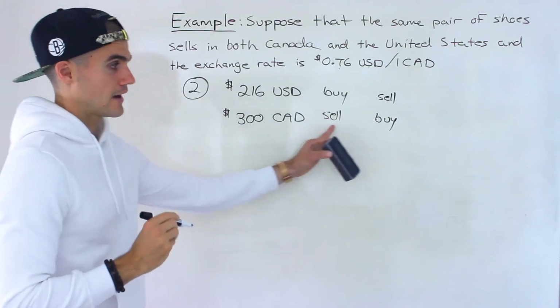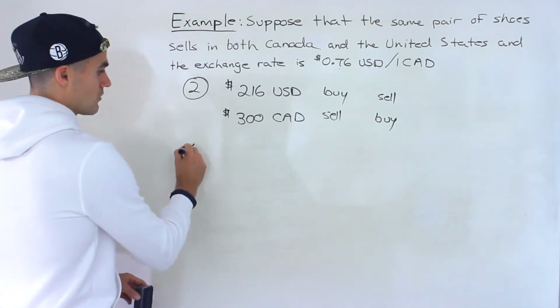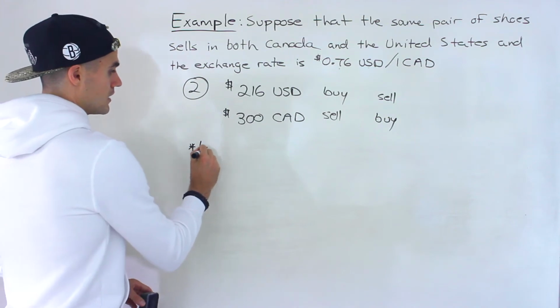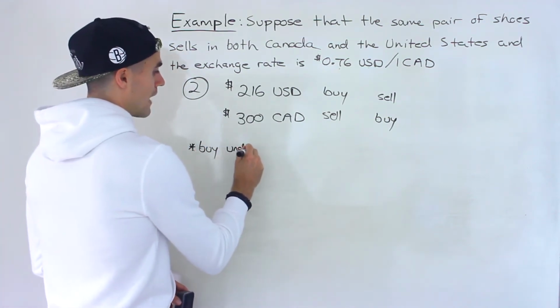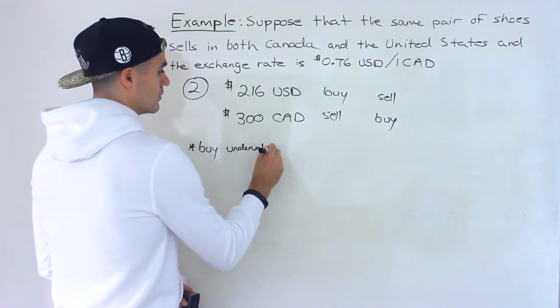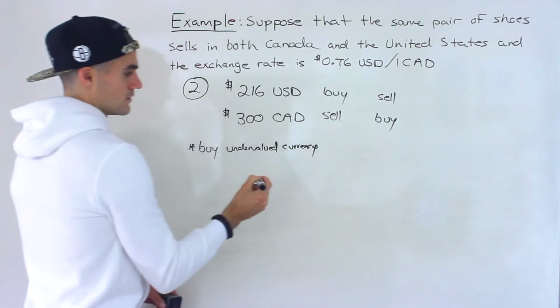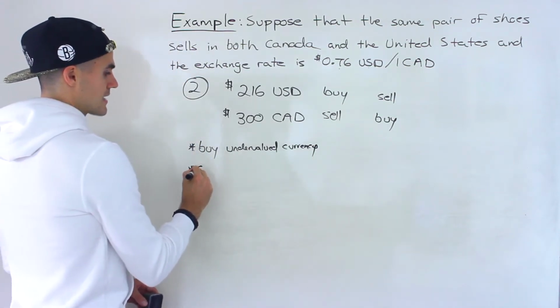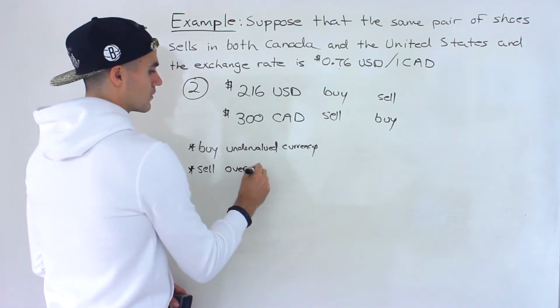We're going to execute either one of those two. And just in general, what you want to do is you want to buy the undervalued currency. And then you want to sell the overvalued currency.